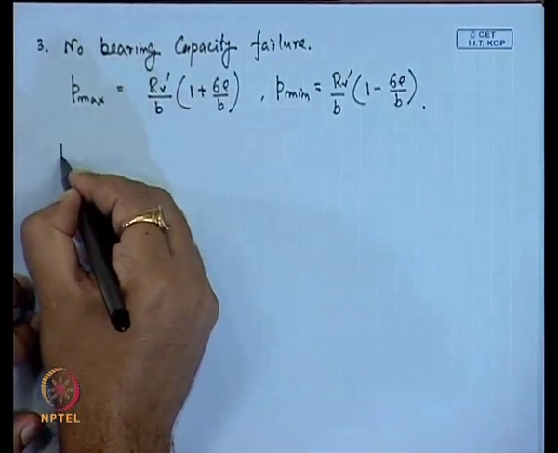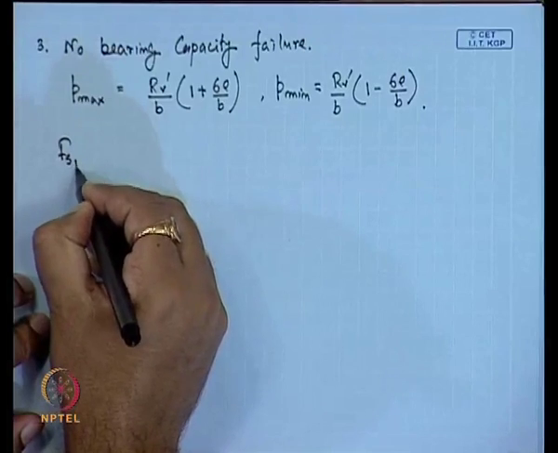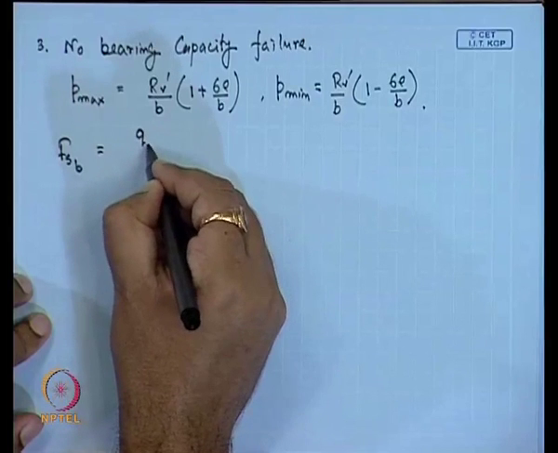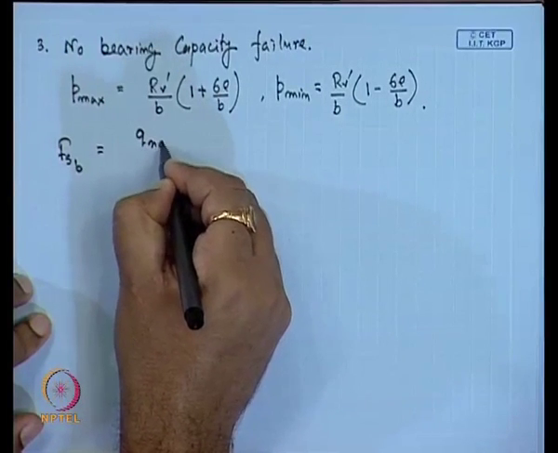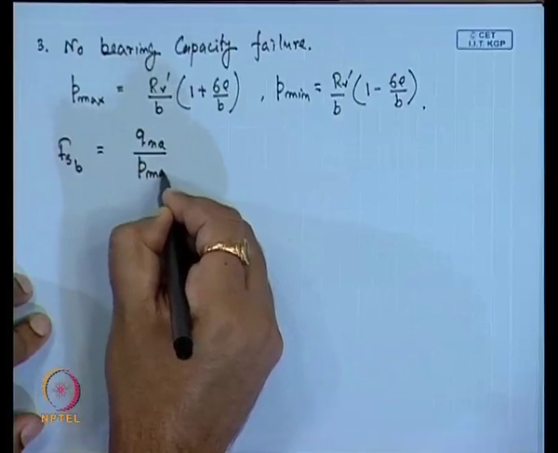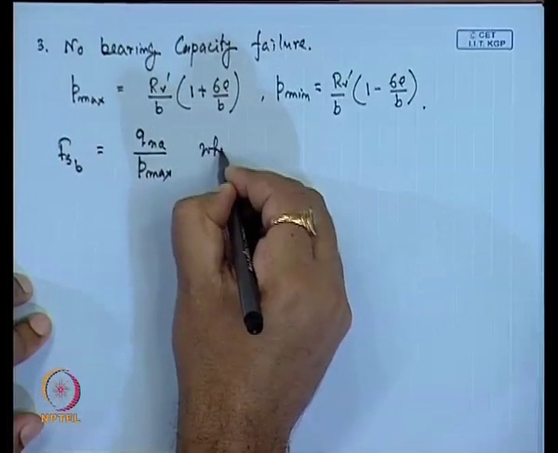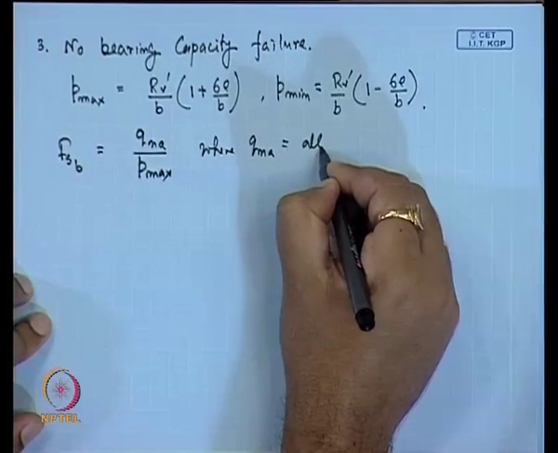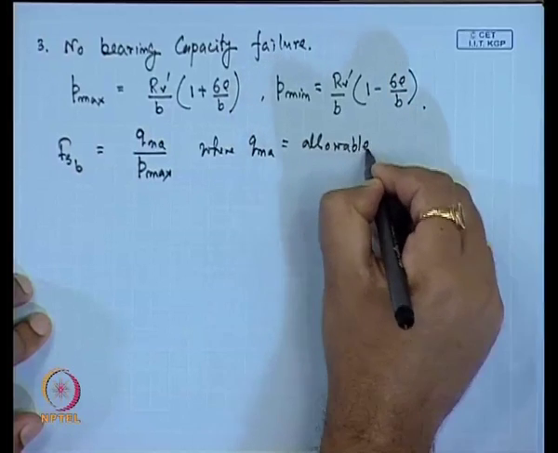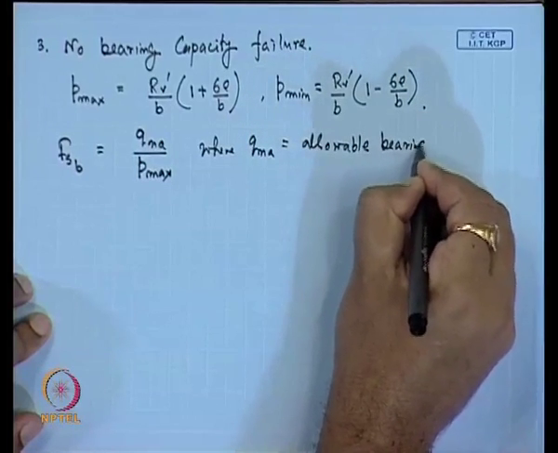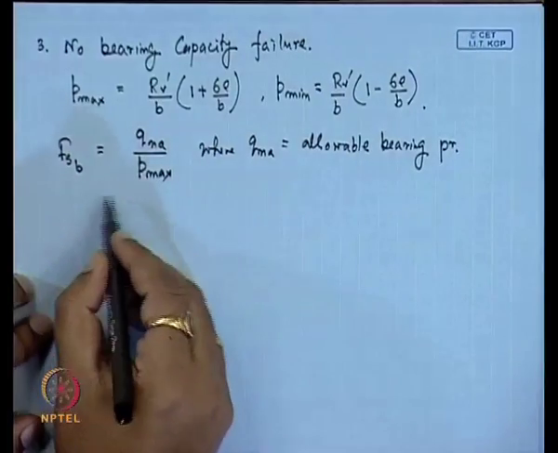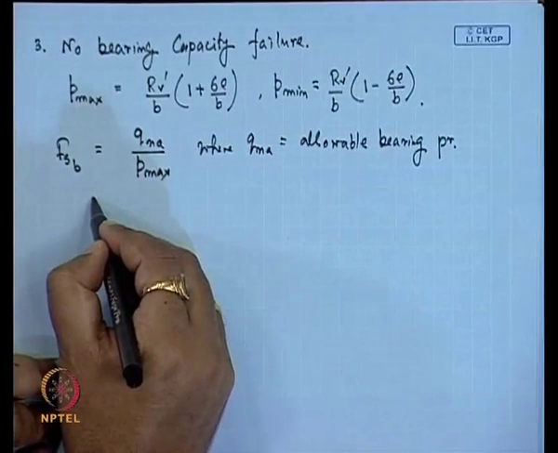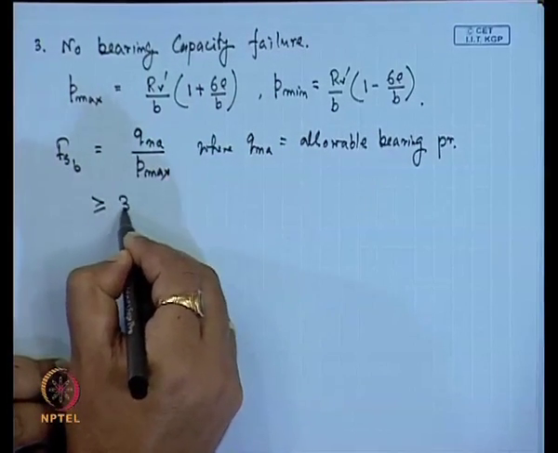Now, the factor of safety for bearing capacity failure will be Q N A divided by P max, where Q N A is equal to the allowable bearing pressure, and this F should be greater than or equal to 3.